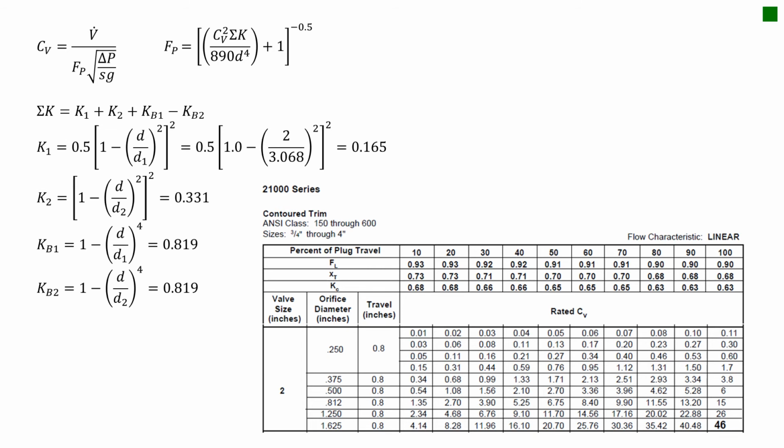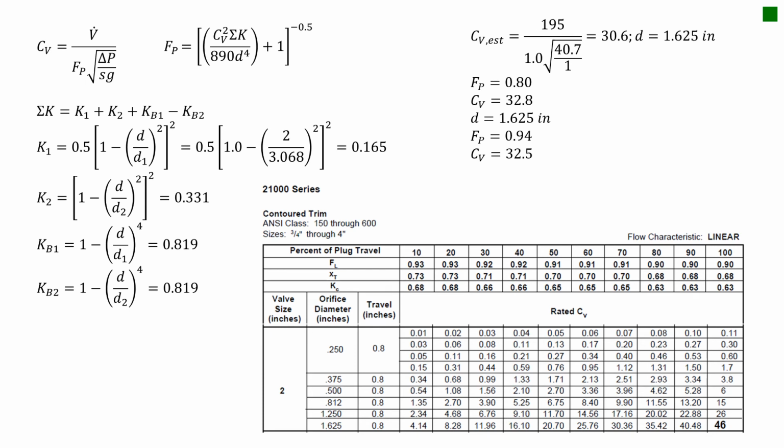The pipeline upstream is 3.068 inches, and same as downstream. So using just a simple value of 2, I calculate my K1 is 0.165, my K2 is 0.331, KB1 0.819, KB2 of 0.819 also.